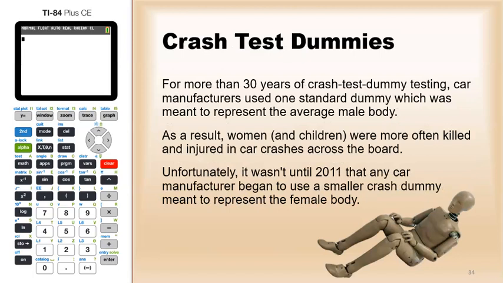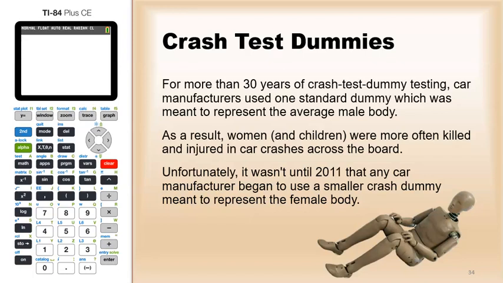For another example, for more than 30 years of crash test dummy testing, car manufacturers used one standard dummy, which was meant to represent the average male body. As a result, women and children were more often killed and injured in car crashes across the board.